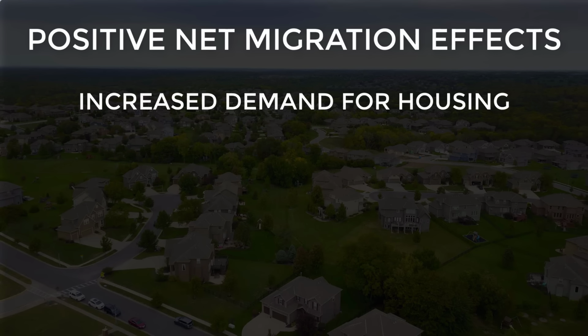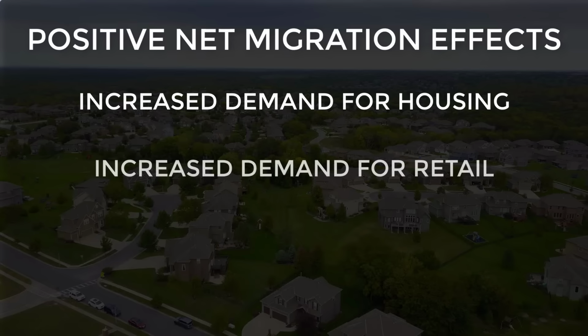So as more people move into an area, the demand for housing goes up. And even if many of these people decide to purchase homes, that puts upward pressure on home prices, which also puts upward pressure on multifamily rents as well. This also creates upward pressure on consumer spending, since there are more people in the area able to buy goods and services.